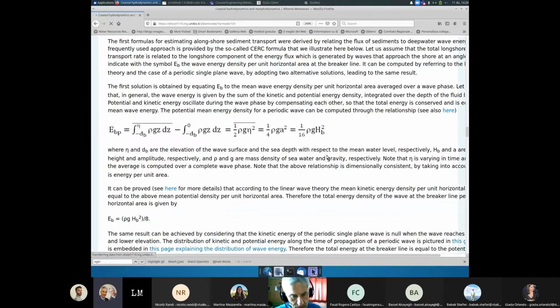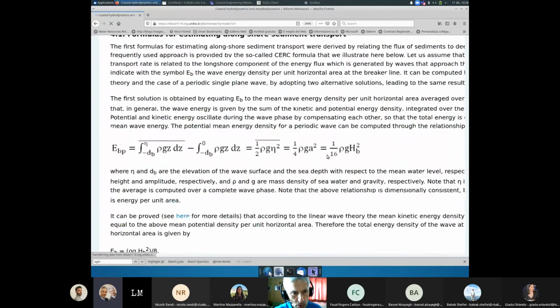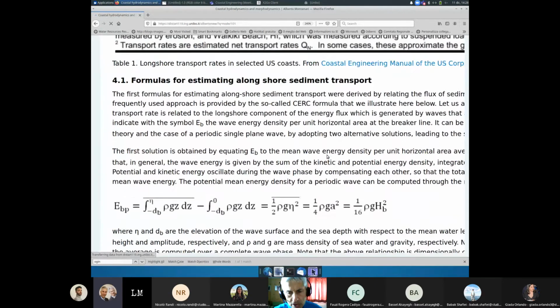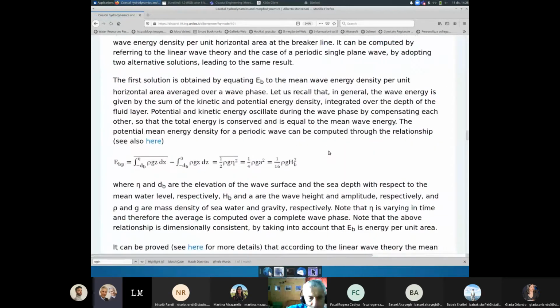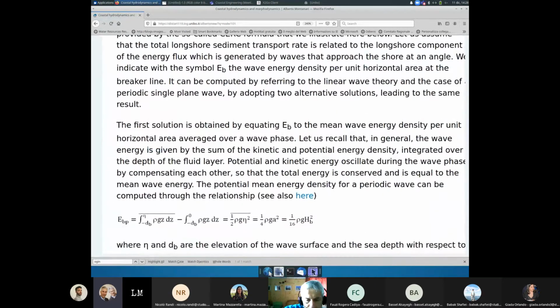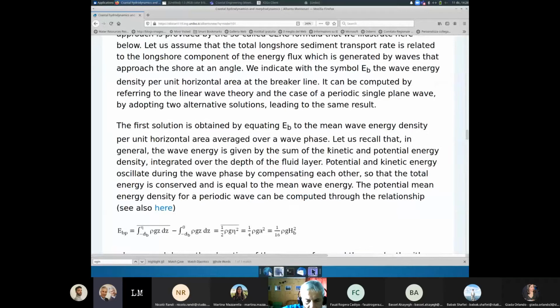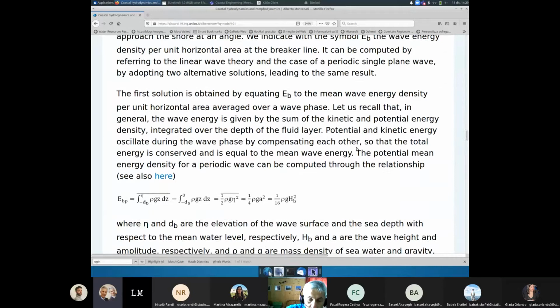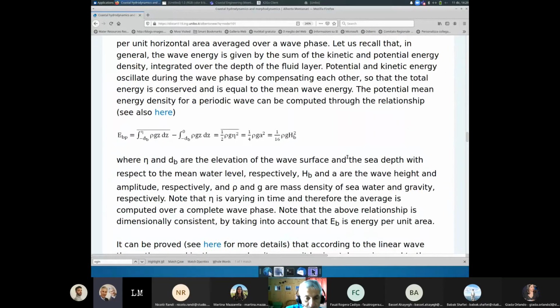So last time we introduced this formula, the CERC formula, which assumes that the longshore sediment transport is proportional to the flux of energy of the waves. This flux of energy is computed at the breaker line. Why at the breaker line?